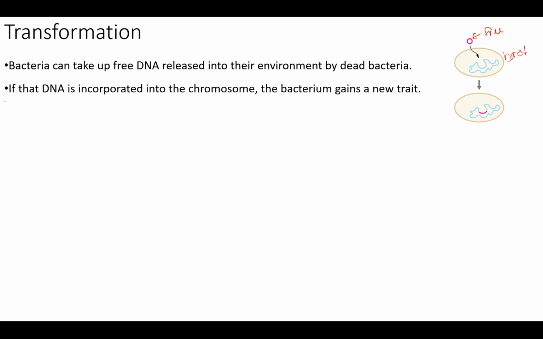So how does this happen? When is there just DNA hanging out in the environment? Well, when other bacterial cells die and break apart or lyse, fragments of their chromosomes and plasmids are released, right?